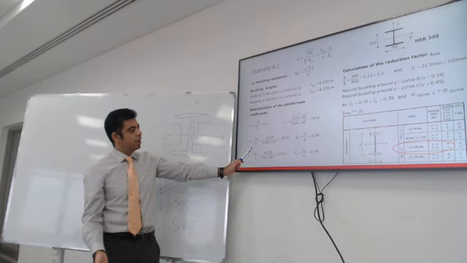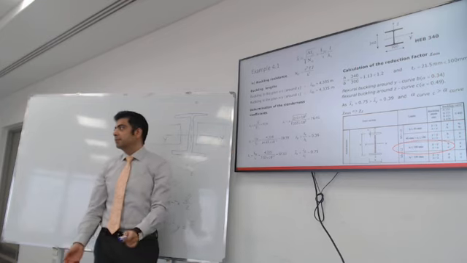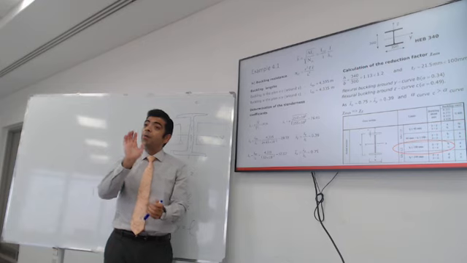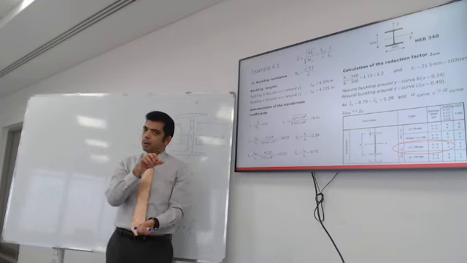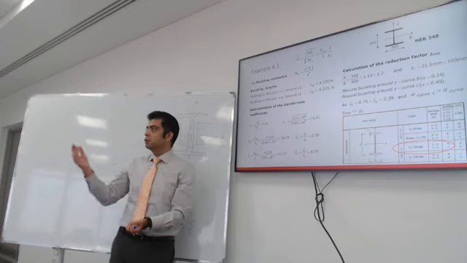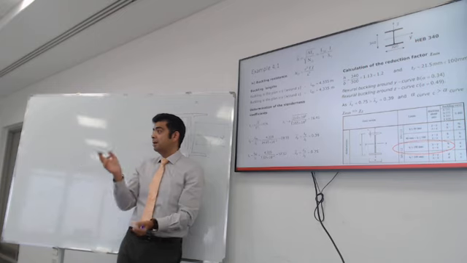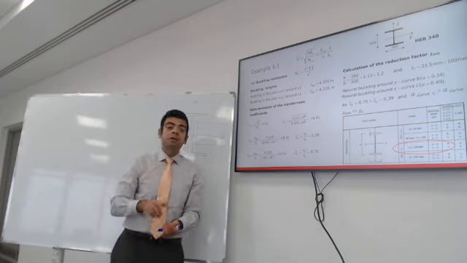It only depends on the radius of gyration and the effective length. We always do that for buckling. You do it about both directions, because the column could be strong in one direction but much weaker in the other. So you check both, and the governing one will be the smaller capacity, which depends on the weaker direction.